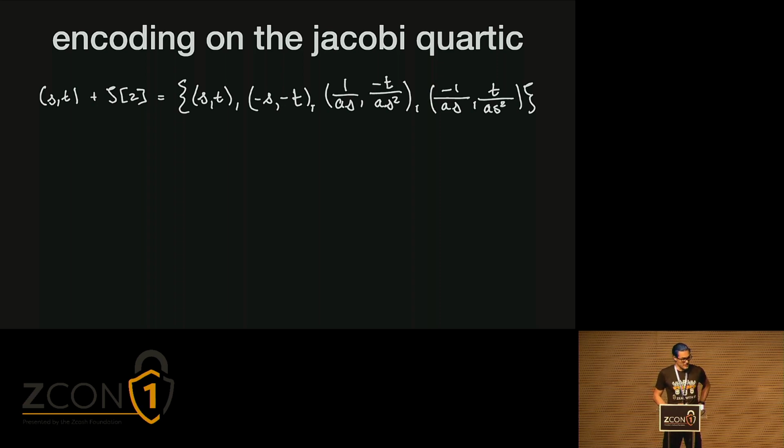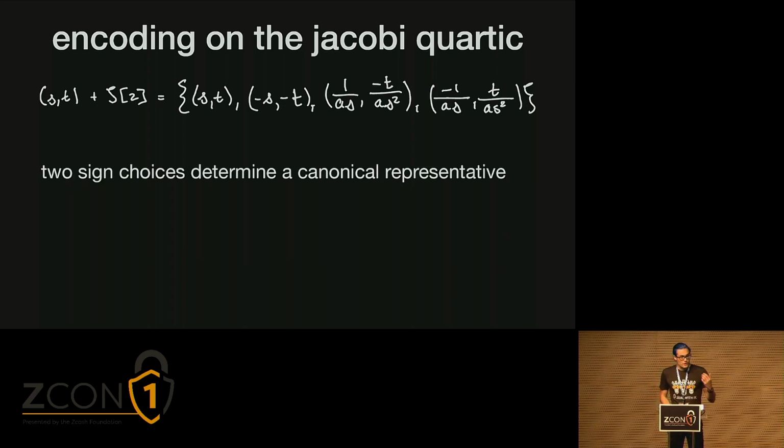So suppose that I have a point up to 2 torsion, and I want to find a canonical encoding of it. Well, if you have two sign choices, that determines one of these 4 points, right? So if I choose, say, that I want S to be non-negative, then that will select between the first and the second, as well as between the third and the fourth.